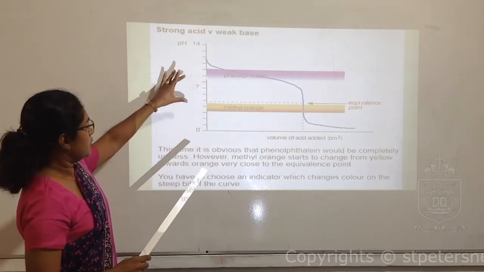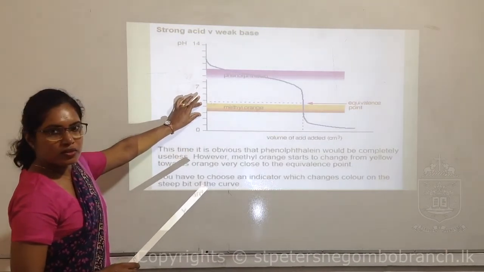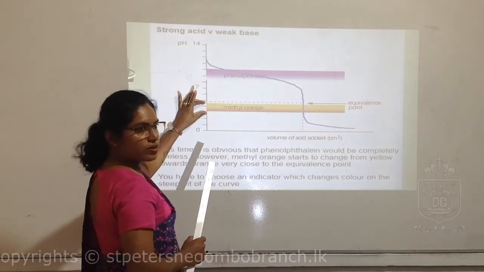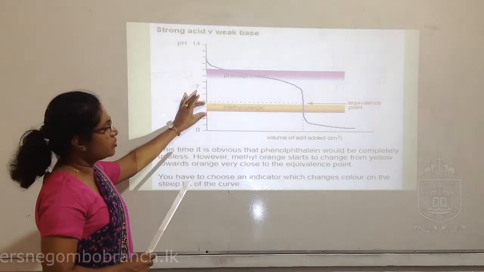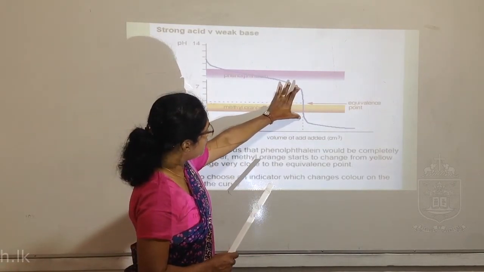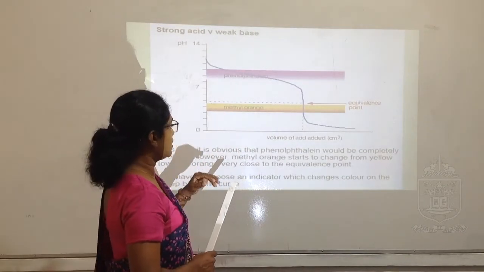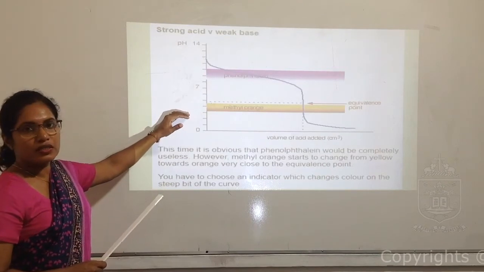And if we use methyl orange in our titration, the color changing pH range of the methyl orange lies in between the pH change of our titration. So we can use methyl orange as our indicator for this titration.